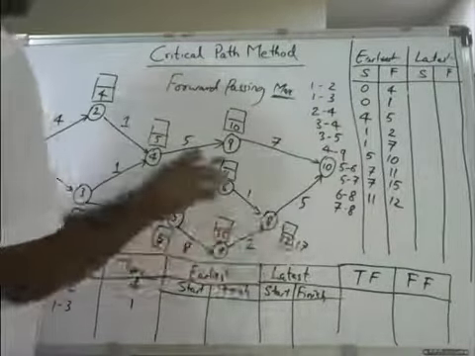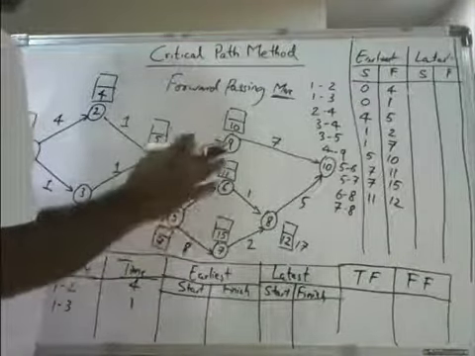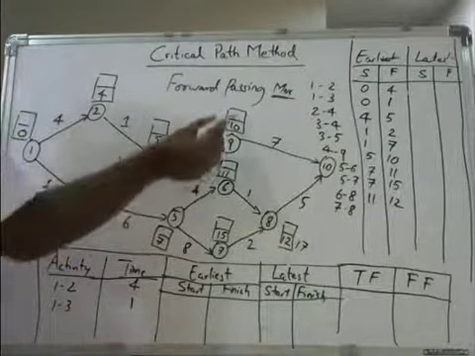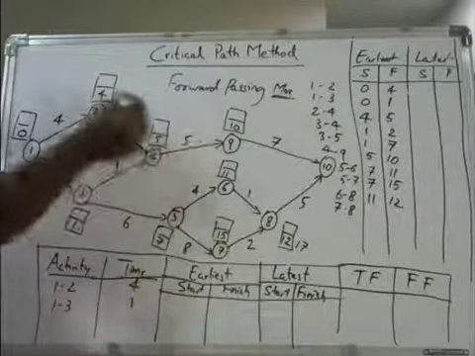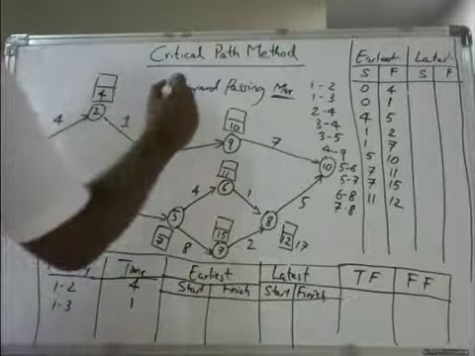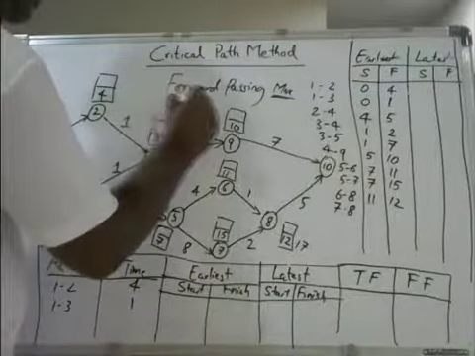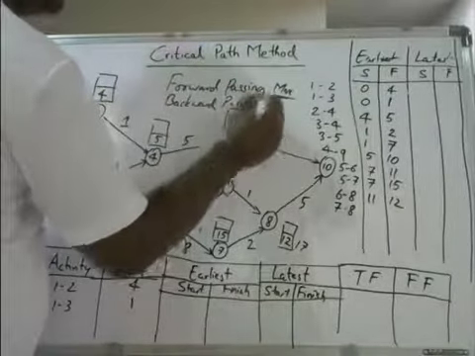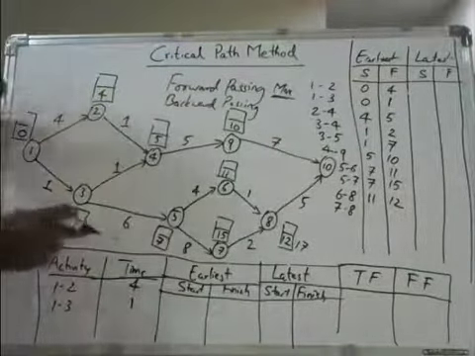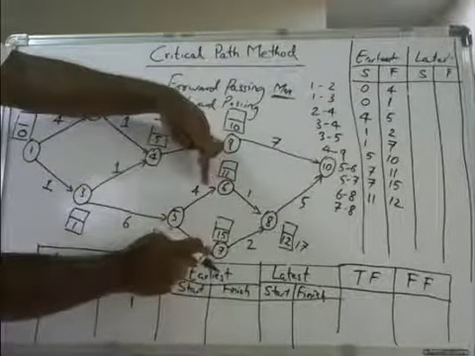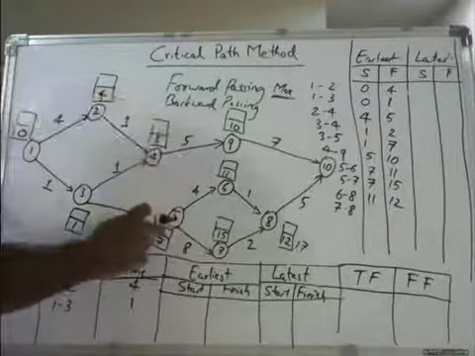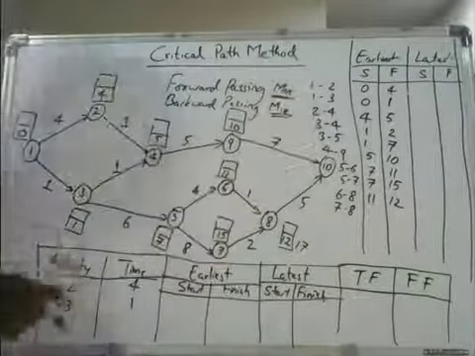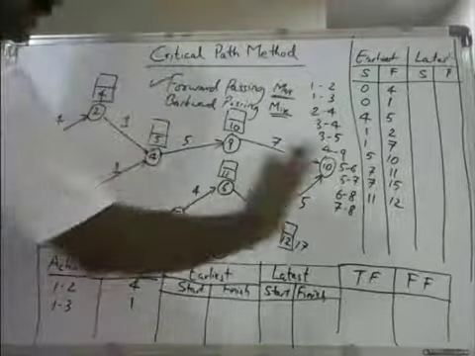Now, when you are going backwards, you should fill the upper boxes. That is called backward passing. When two networks come back, you need to fill whichever is minimum. Okay. Now you are doing forward passing because you are going forward.